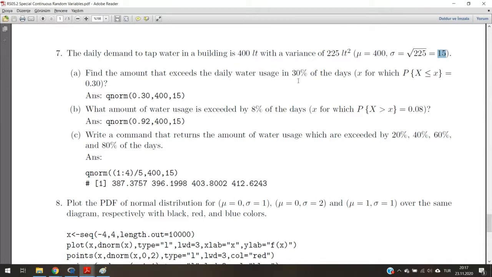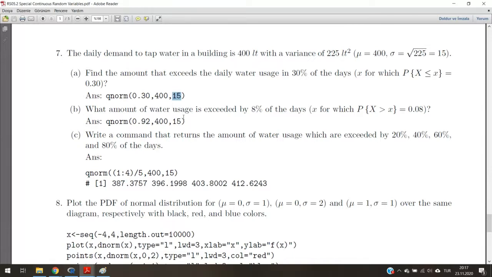So there's a certain water usage in liters which is exceeded by only 70% of the days, and in the remaining 30% of the days, that value exceeds the water usage. Okay, so it is basically asking this: find the x value for which the cumulative probability is equal to 0.30. So how are we going to do this? By writing the Q norm function, the inverse CDF function at 0.30 probability with location and the scale parameter here.